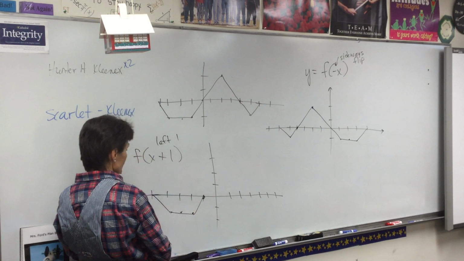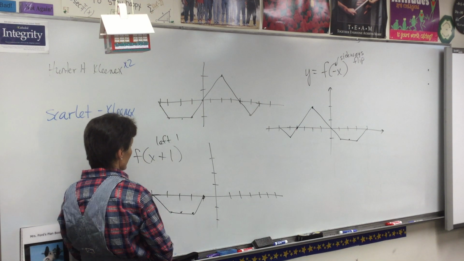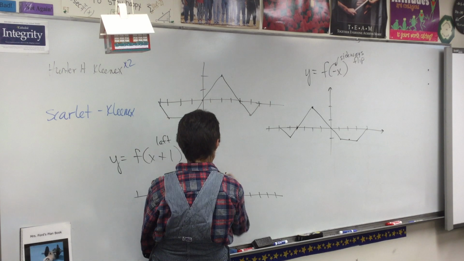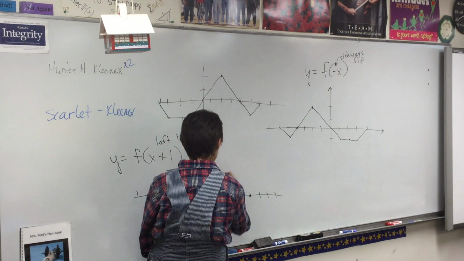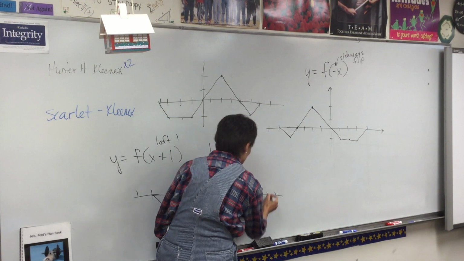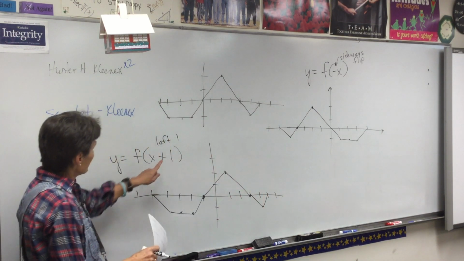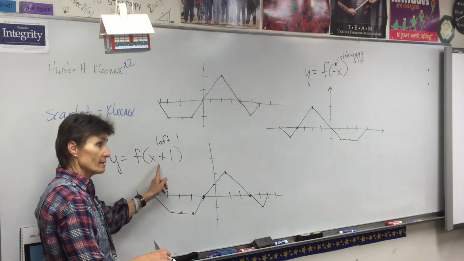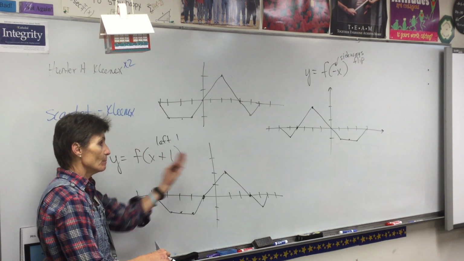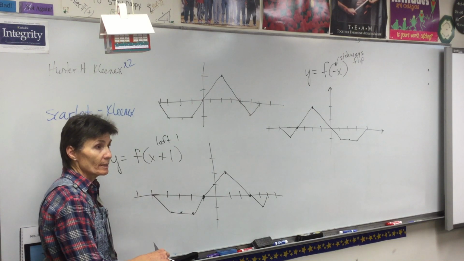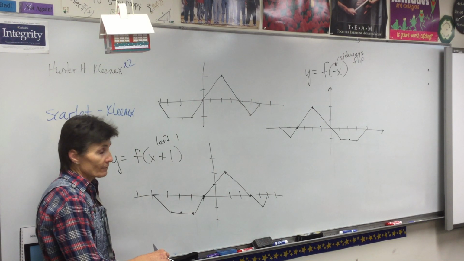So there's our trapezoid, left 1. And then our triangle, and then our little triangle. So Tessa, when we put a number inside the parentheses, adding or subtracting inside the parentheses, it moves us left or right. So +1 actually goes to the left.